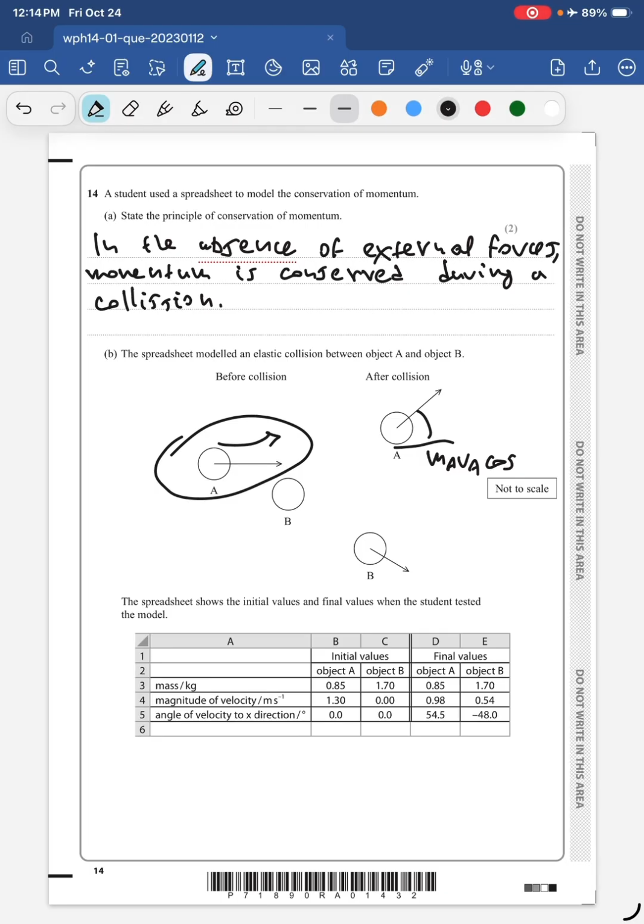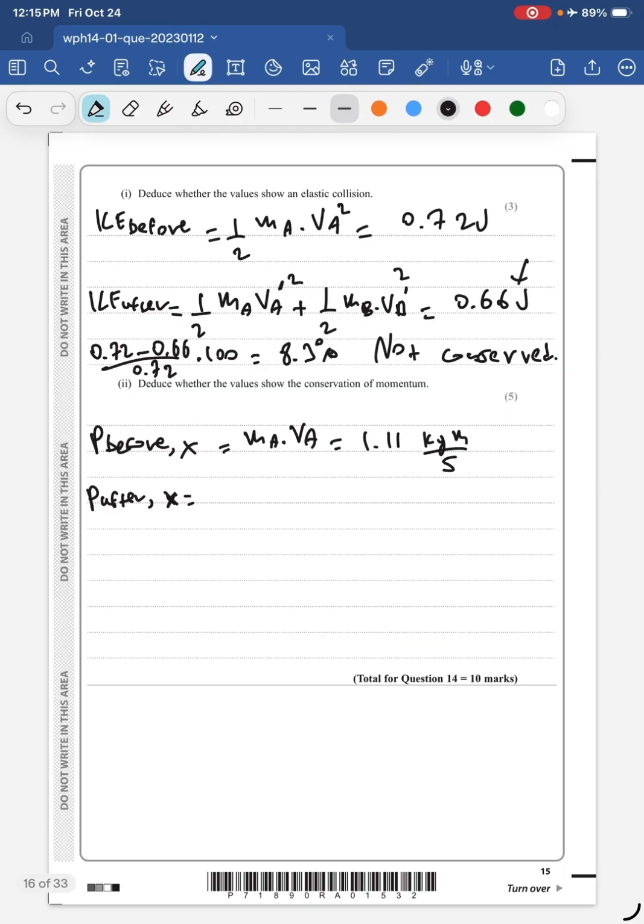So this is theta, and also we'll need mb vb times cosine of theta. Let's call this theta 1 and let's call this theta 2. I hope this makes sense.